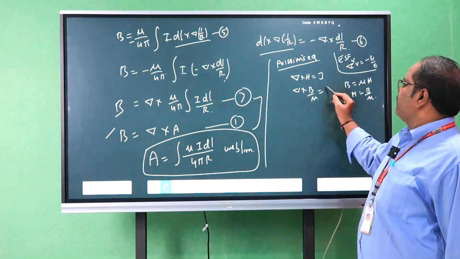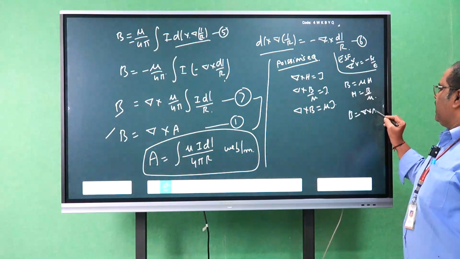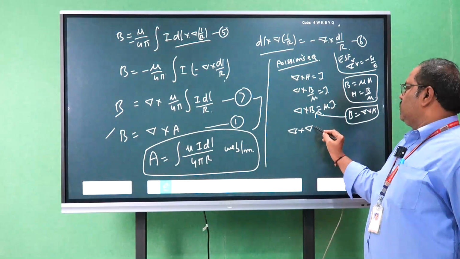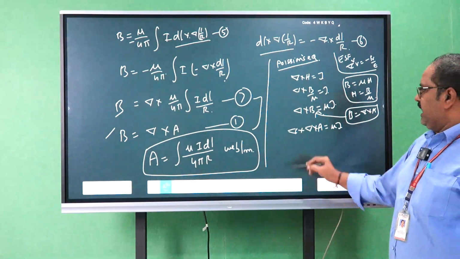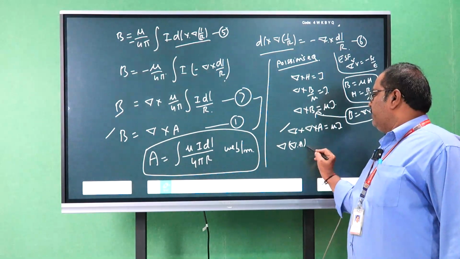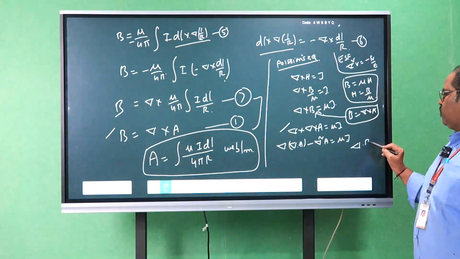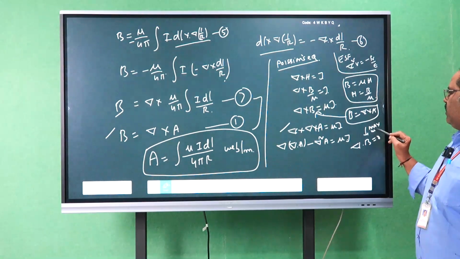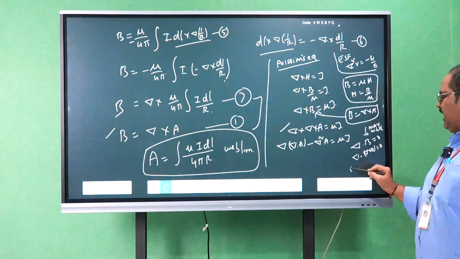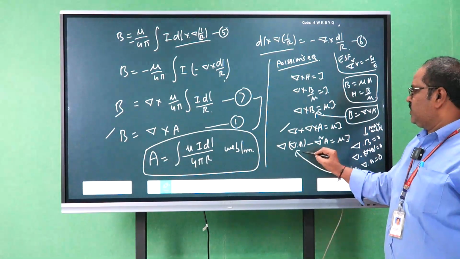Therefore, del cross B is equal to mu J. Since B is equal to del cross A, substitute: del cross del cross A is equal to mu J. By the vector identity, del cross del cross A is equal to del(del dot A) minus del square A, equal to mu J. According to Maxwell's fourth equation, del dot B is equal to 0, that is del dot del cross A is equal to 0. Therefore, del dot A is equal to 0.